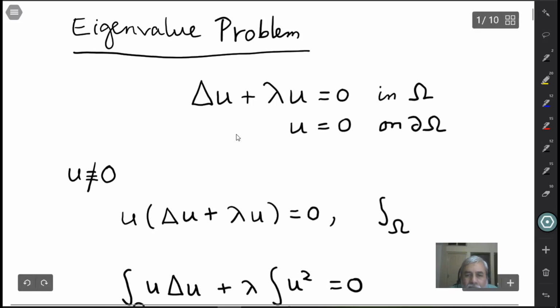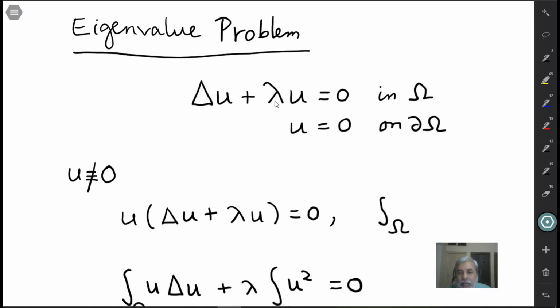Okay, so we'd like to find whether this problem has non-trivial solutions. So u identically 0 is obviously a solution. So we will be looking for non-trivial solutions, and whether they exist for all lambda or not, that we have to examine.